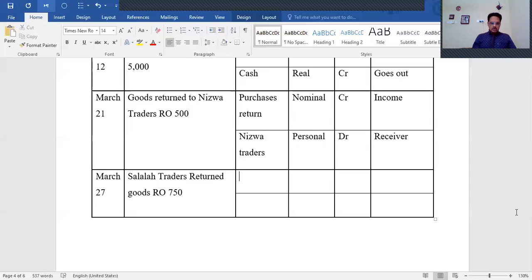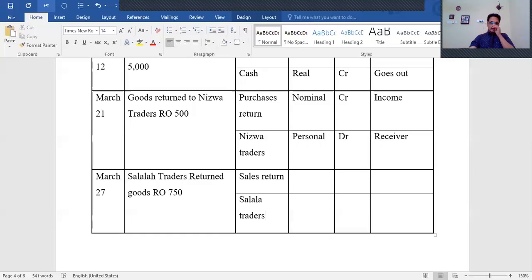So two accounts: one is sales return, and the second one is Salala Traders. Now you understand sales return and Salala Traders.